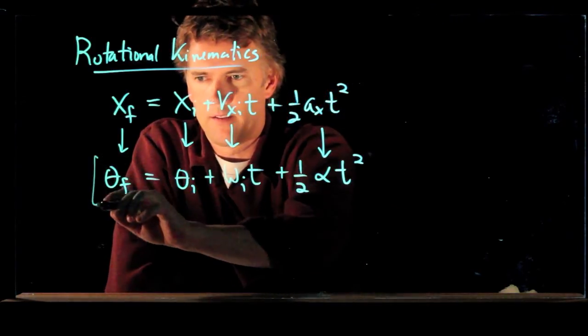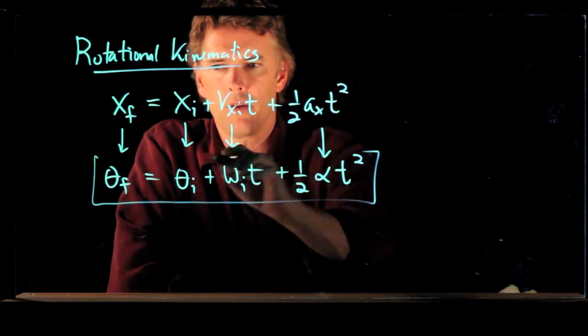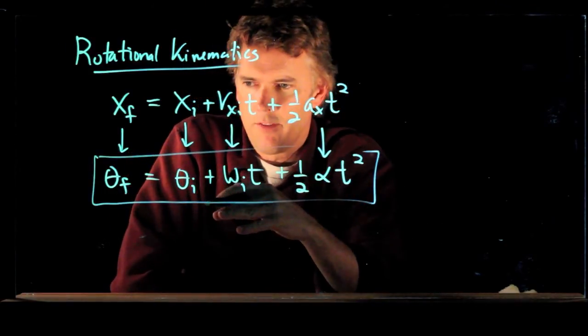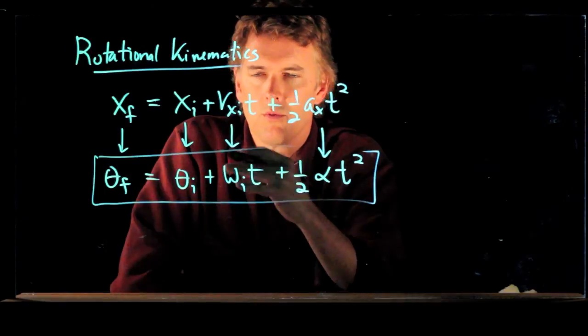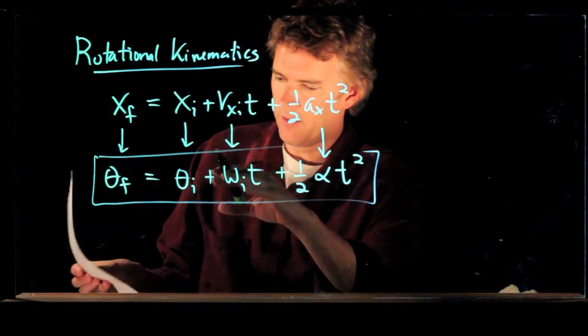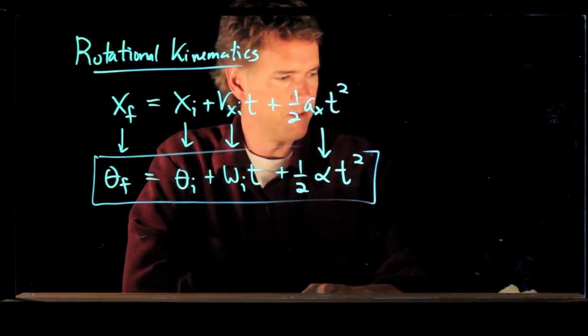So you in fact already know this equation right here. You are just changing variables to go to rotational form. It's all the same equations. Okay, so that's one of them. Let's see how another one works out.